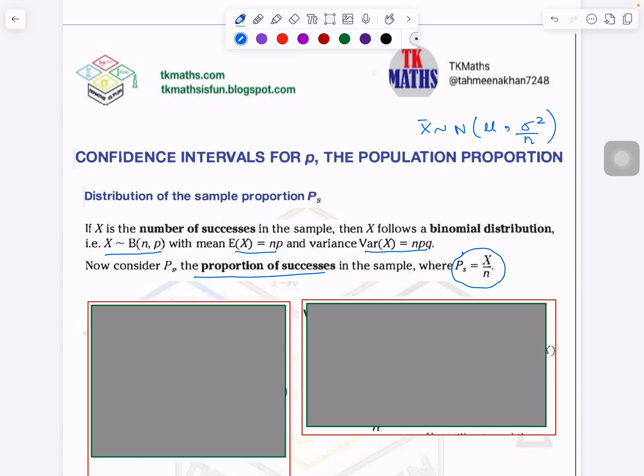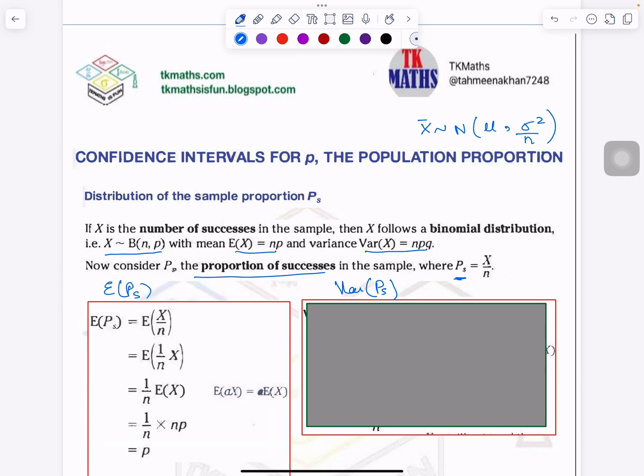So now you recall linear combination here. If I take the mean of P of S, and variance of P of S, which is population proportion, proportion of success, this is what will happen. Do you agree?